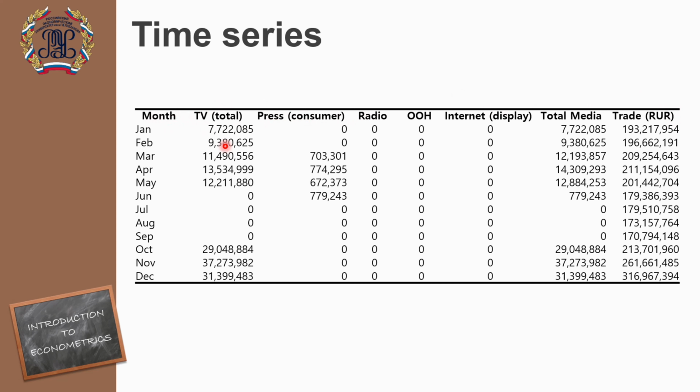So we have one object, a firm, that has some advertising expenses which are split into TV, press, radio, out of home, internet, and its corresponding trade for this period of time. For example, for January, for February, for March, for April, May, and so on. So this is the typical structure of time series.